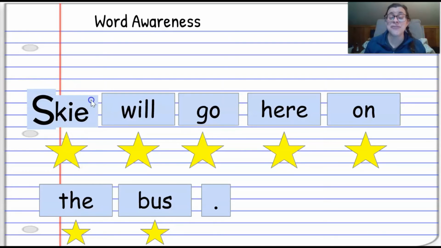We know that this is the first word in our sentence, so it should have an uppercase. We also always need to make sure we have an uppercase for people's names. Read it with me. Sky will go here on the bus. Do you see the sight word of the week? Are you pointing to the word here? You're right.